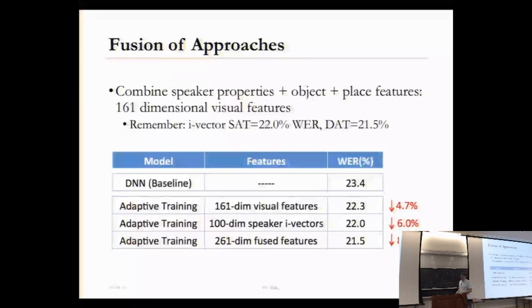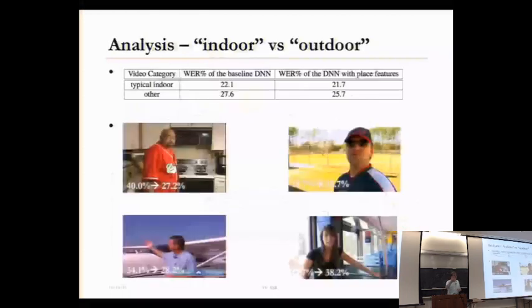That is slightly better than doing the I-vector adaptation again. So by extracting those features, we can indeed get information that helps to improve speech recognition by learning something about the scene: is it indoor, is it outdoor, is it in an office, is it a male speaker maybe talking.